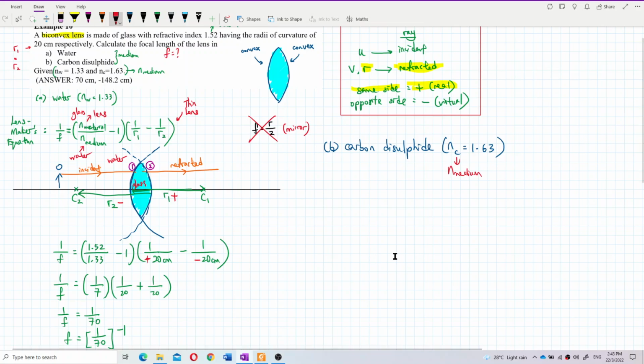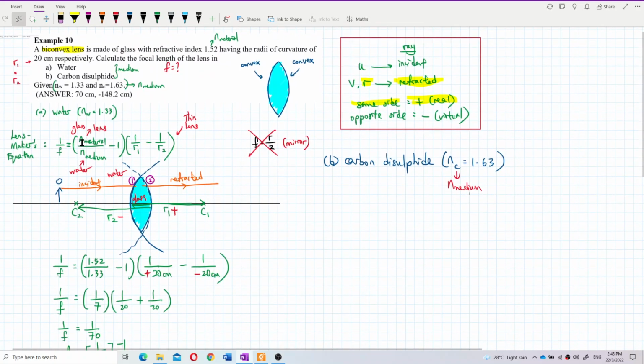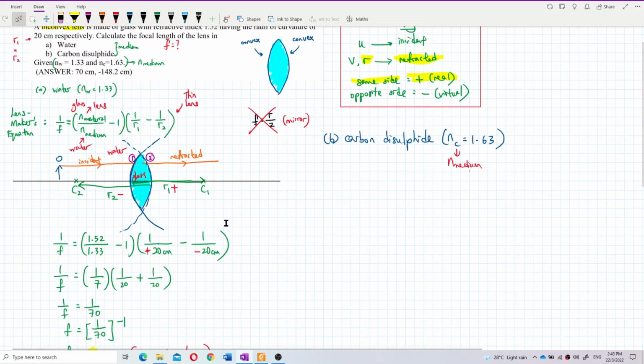The material is still the glass lens, 1.52. So I think the rest of the setup is still the same. R1 still positive, R2 still negative. Follow the same setup. The only thing different now is the water medium has become carbon disulfide.